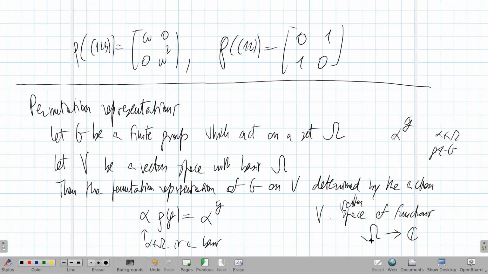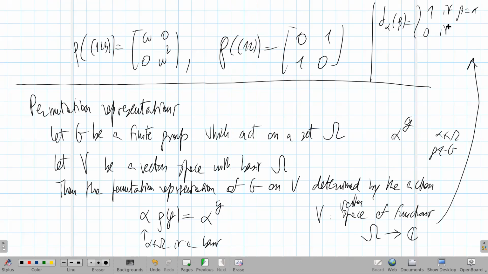Let me write it up here: delta of alpha on beta equals 1 if beta equals alpha, or 0 if beta is different from alpha. These are a basis of this space. So when I say a vector space with basis omega, really this space has as a basis the delta alpha for alpha in omega, in one-to-one correspondence.